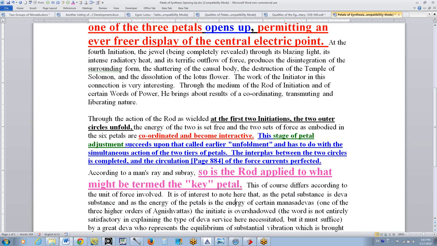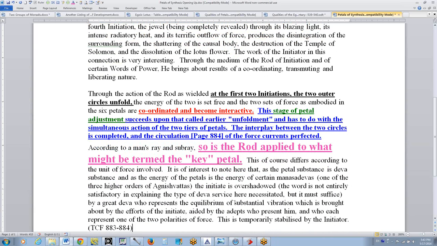It might be of interest to note here that as the petal substance is Deva substance of those planes, and as the energy of the petals is the energy of certain Manasadevas, one of the three higher orders of Agnishvatas, substanding the substance, the initiate is overshadowed.